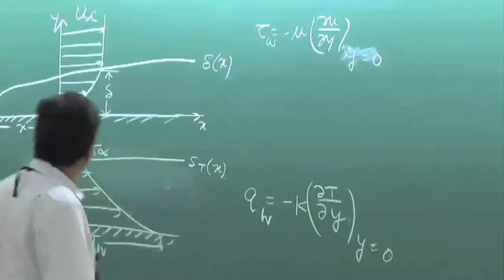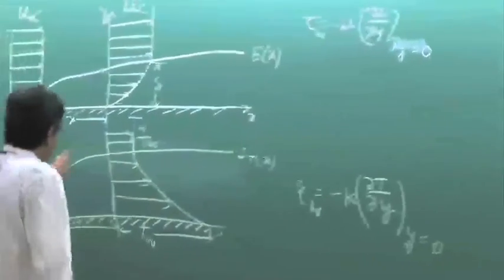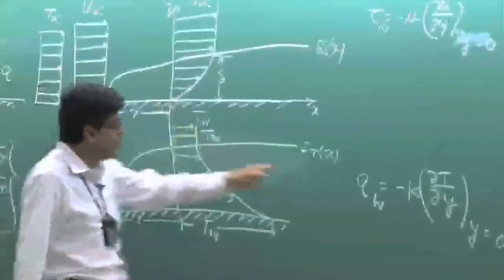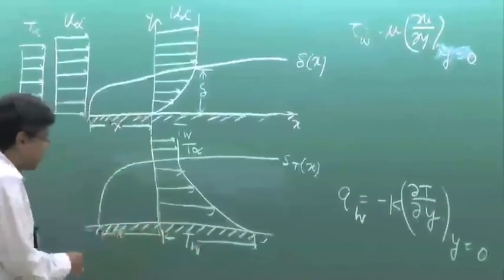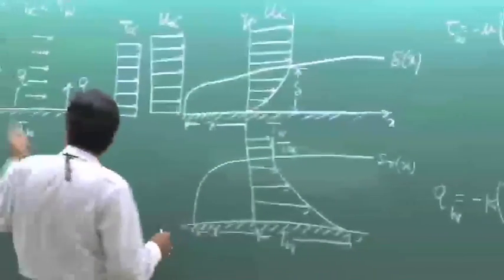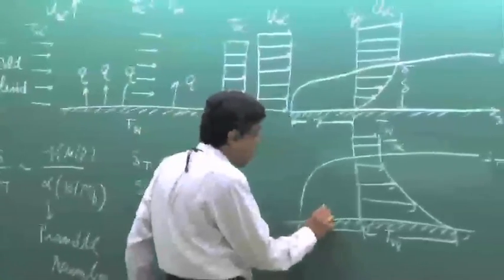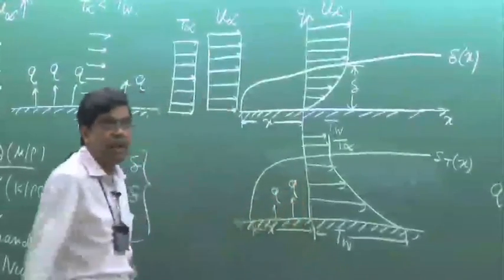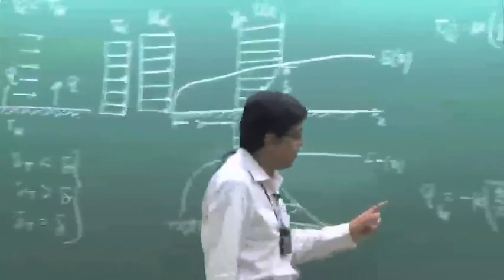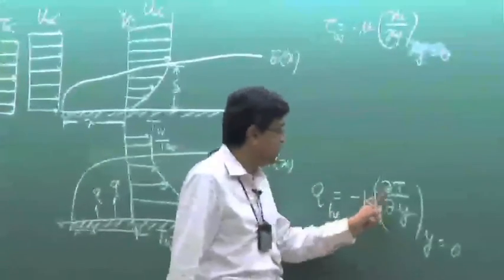So that controls the rate of heat flux and also the shear stress. For a comparison, I am writing this. Now the rate of heat flux, that means heat flux at the solid surface, is given by conduction, and by the Fourier heat conduction law q_w is minus k del T del y.